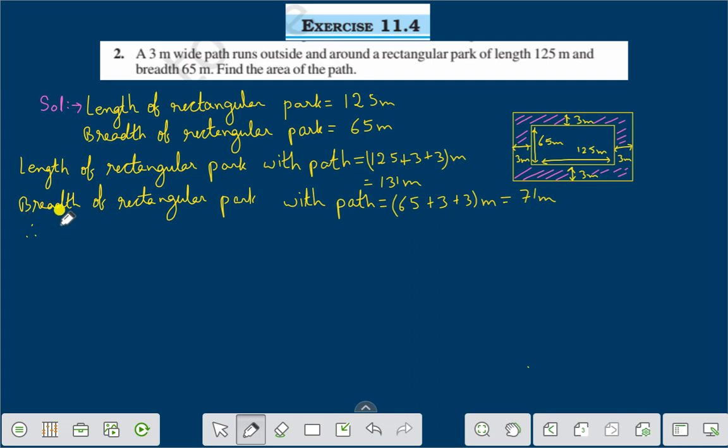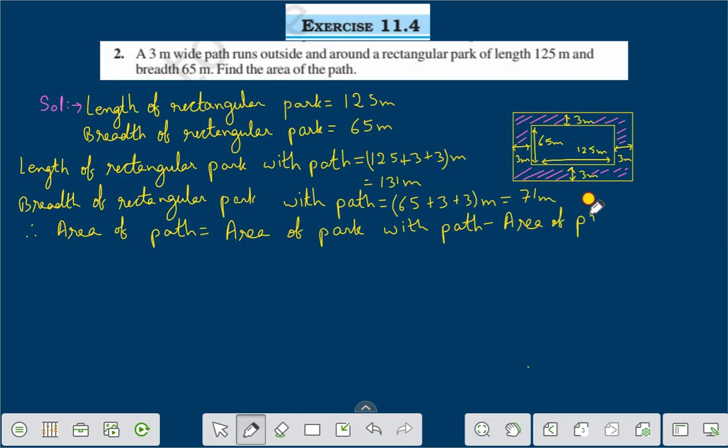Therefore area of path is equal to area of park with path minus area of park without path, right?